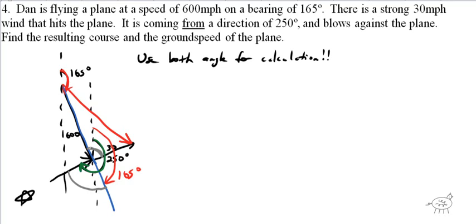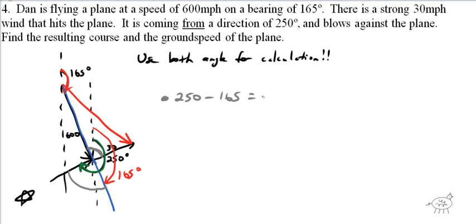That's actually really, really handy. That's why I redid this video this year, because I think that's such an easy way to do it. Basically, I extended that one vector of the plane, not changing the problem at all, but just so you can use your parallel lines and get some corresponding angle action here. And then I just subtracted the two. So that gray angle, so I'm going to put a little gray dot here, is basically 250 minus 165.